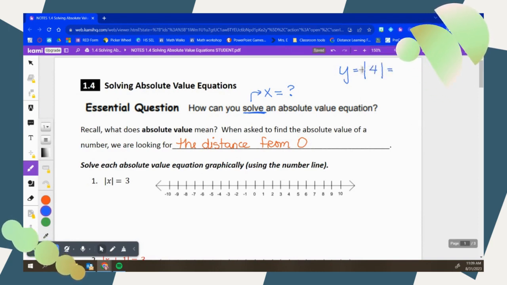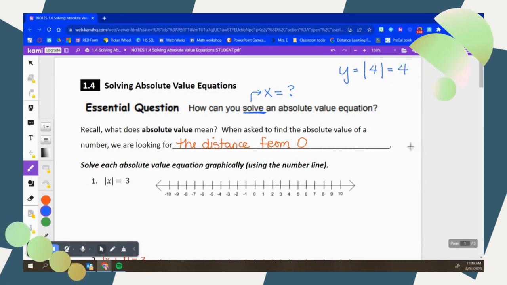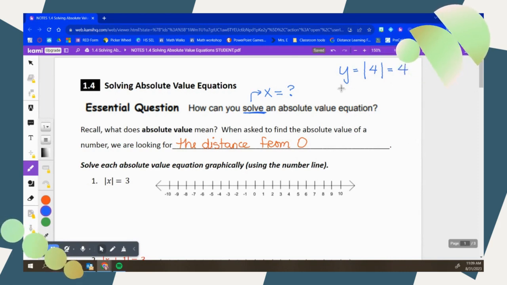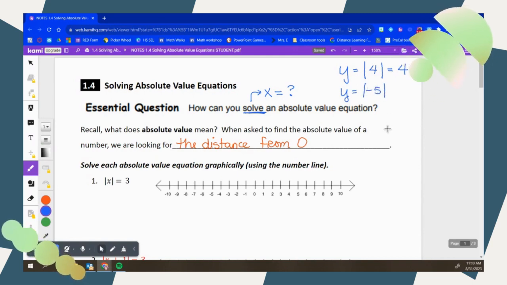When you see the absolute value bars, you're saying how far is 4 away from 0. On a number line, how many spaces would you have to go to get from 4 to 0? 4. So the absolute value of 4 is 4. What if I asked you for the absolute value of -5?